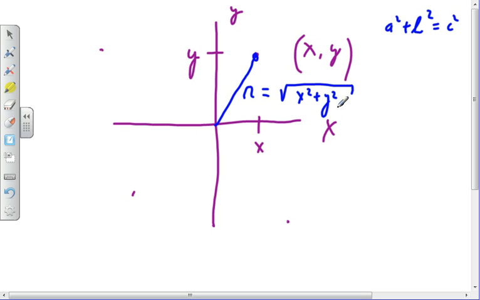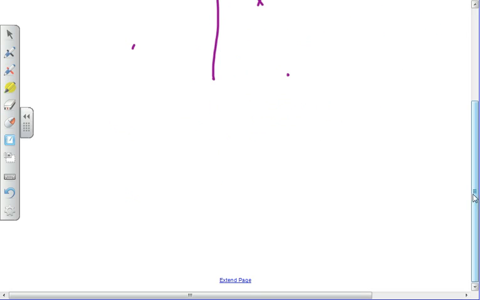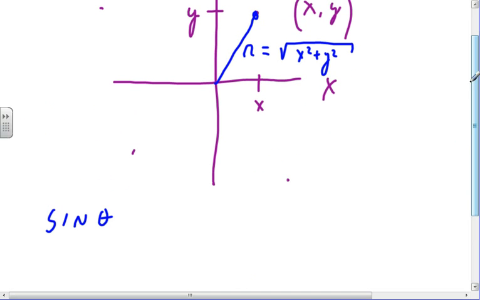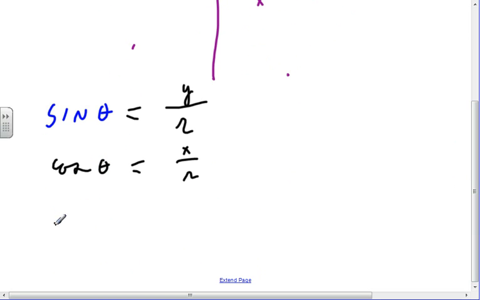Now, once we've done that, we're going to define all of our trig functions. The sine of some angle, we need an angle theta, so I have some angle theta sitting there. The sine of the angle theta is y over r. The cosine of the angle theta is x over r. The tangent of that angle theta is going to be y over x.